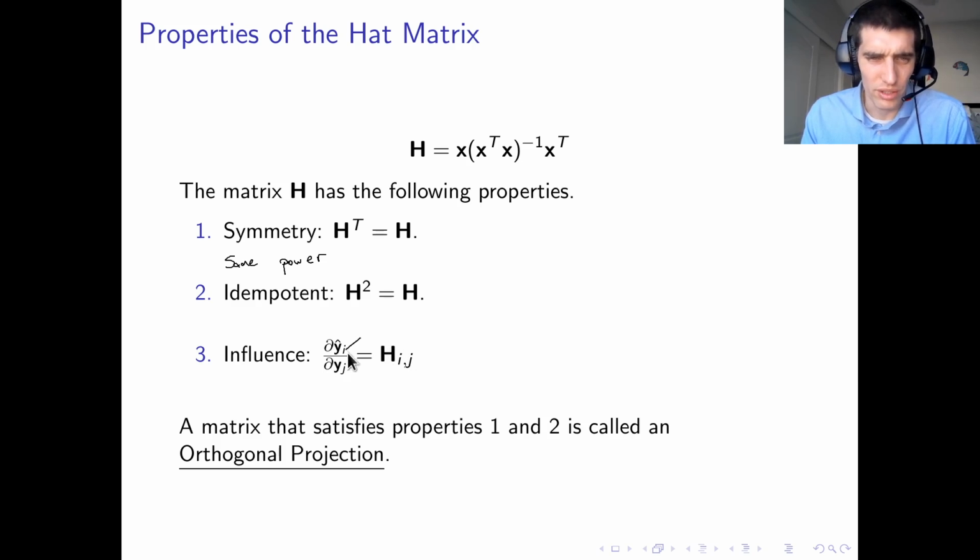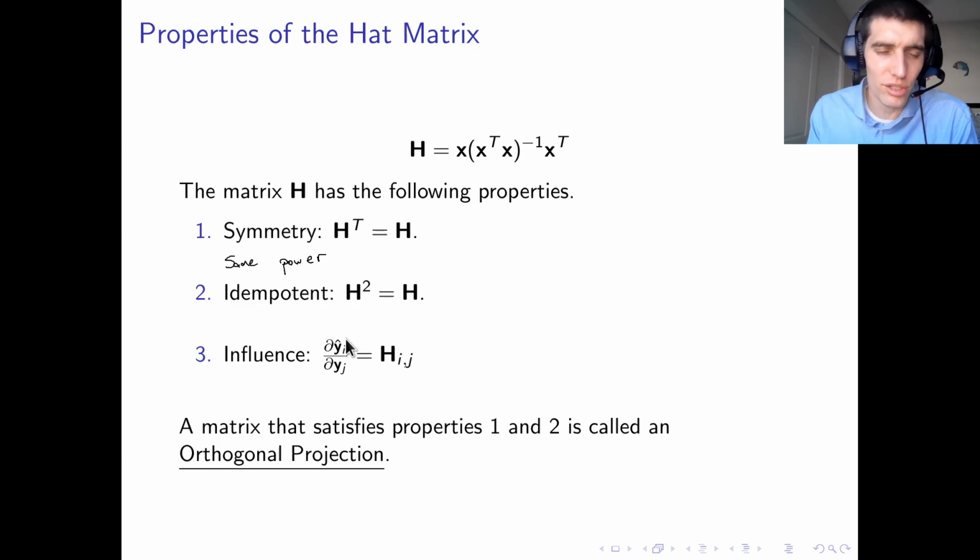This is hard to parse when you first look at it, but what do I mean by influence here? It's about how much our predictions change with respect to our inputs.